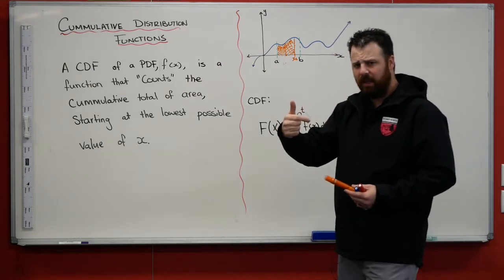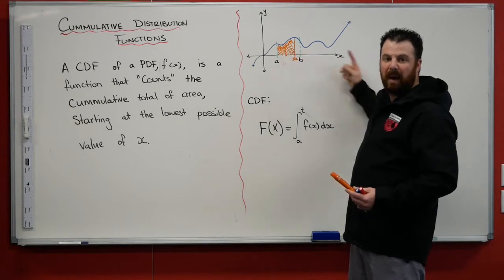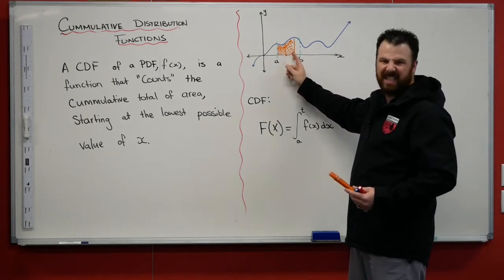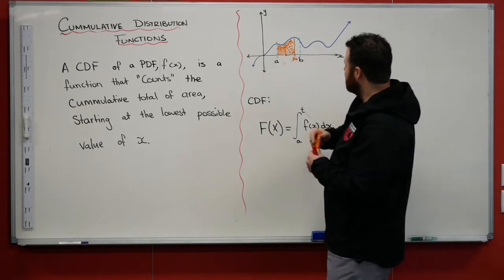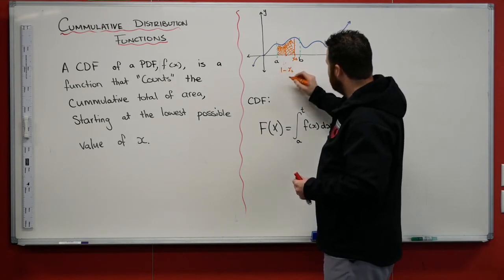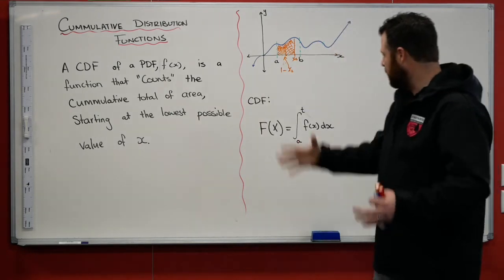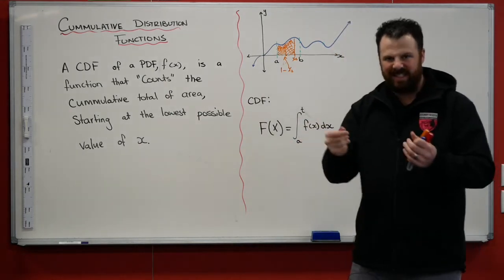And remembering also with z-scores, what happens if I want to know something that's above that? Well, then I can do 1 minus the area, because remember, it has to sum up to 1.